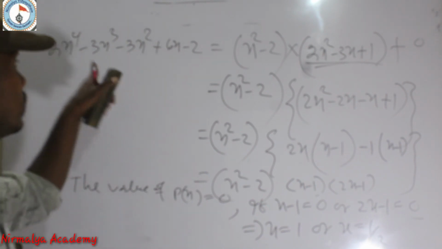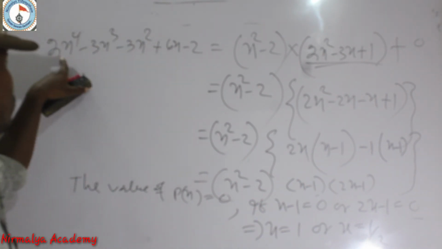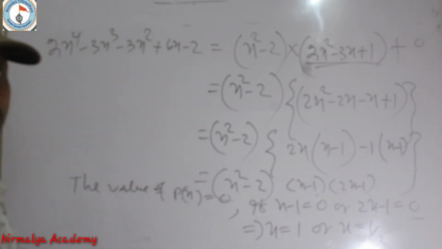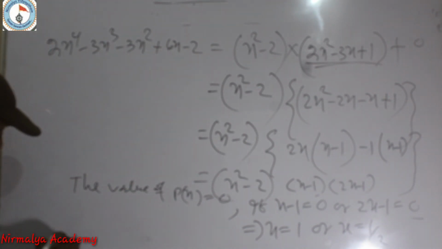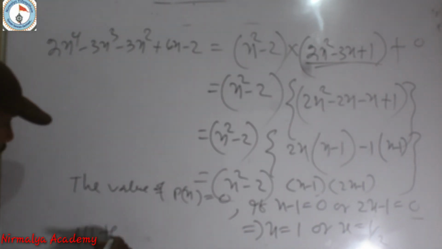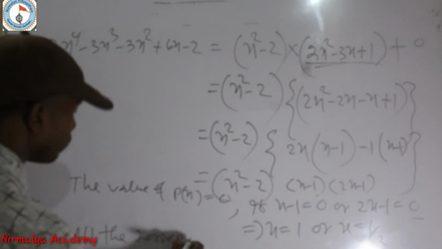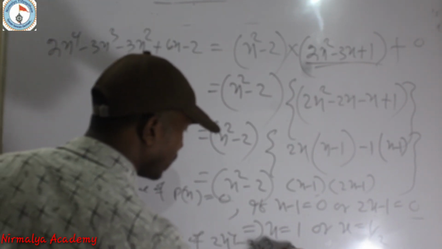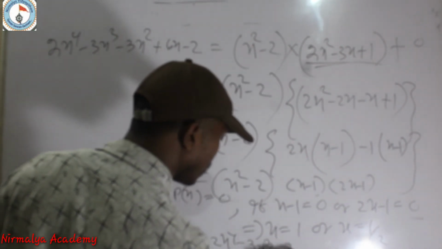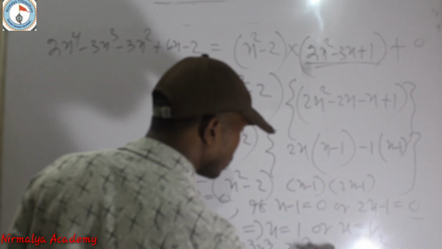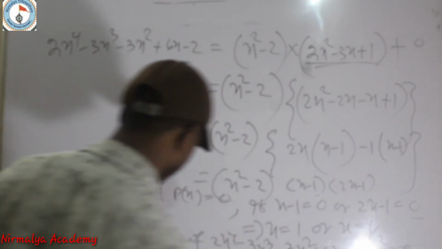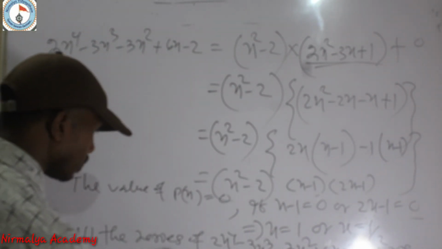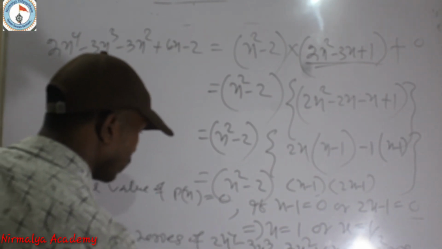Therefore, all the zeros of 2x to the power 4 minus 3x to the power 3 minus 3x square plus 6x minus 2 are root 2, minus root 2, 1 and 1 by 2.